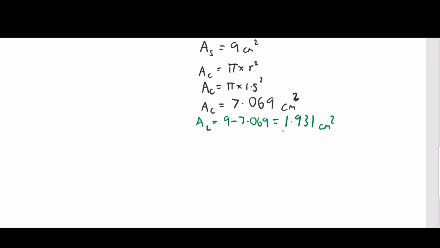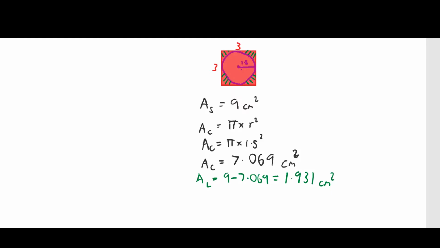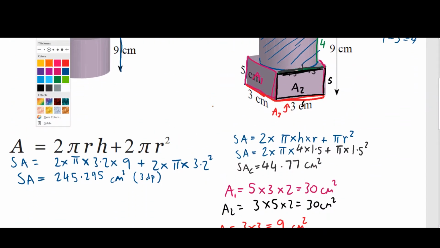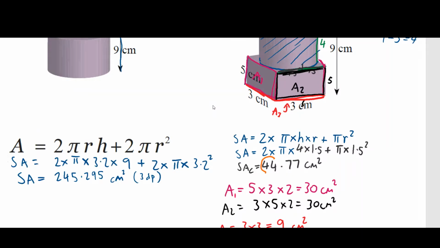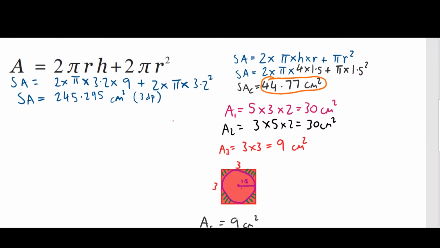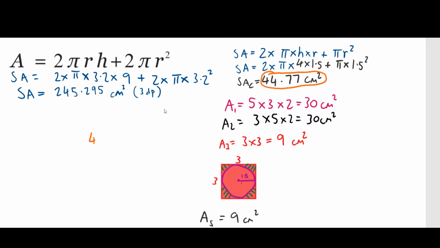Okay, so now I need to add up all these bits. I need to add the surface area of this cylinder, that is 44.77.